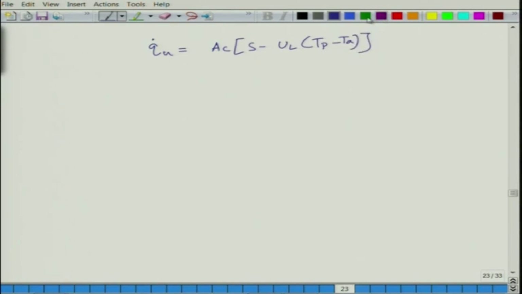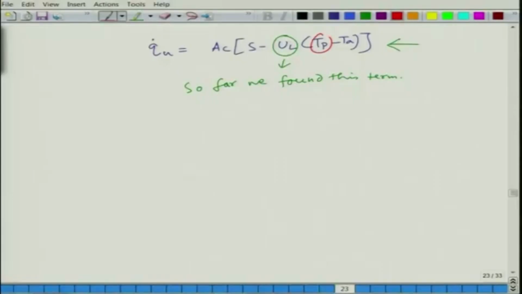So far we have found this term UL. Okay. Now, we also said, while we wrote this useful heat equation, that this is not a very useful equation, and for that we need to find out the temperature distribution, which is this T p. Okay.